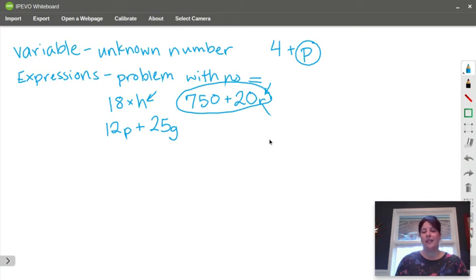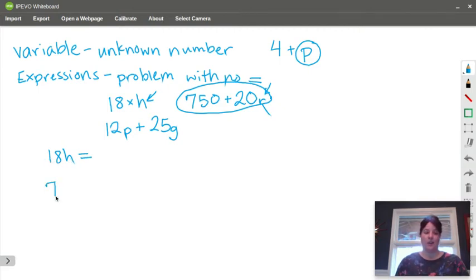So, what does it mean to evaluate these expressions? When you are looking at problems that are wanting you to evaluate an expression, what they're going to do is give you a problem like this and then tell you what these letters equal. So, let's take each of these ones that we did. 18 times H, we can write that as just 18H for $18 per hour.